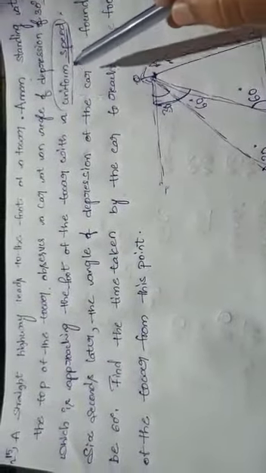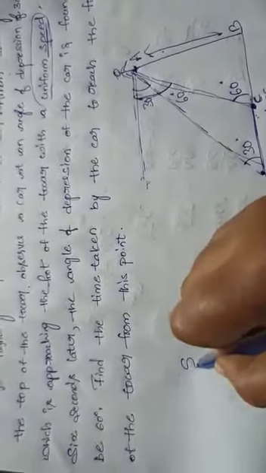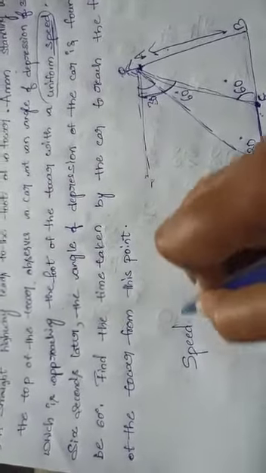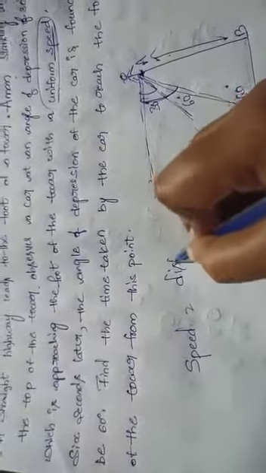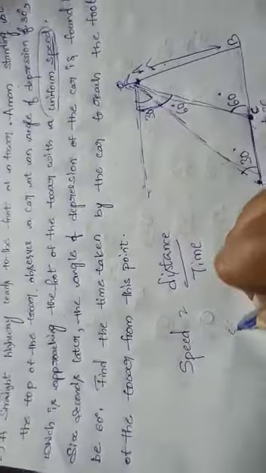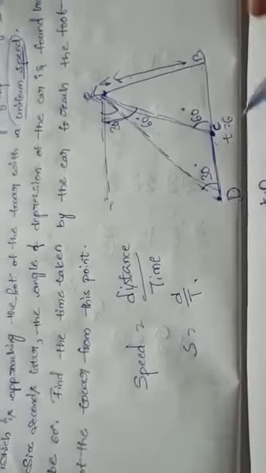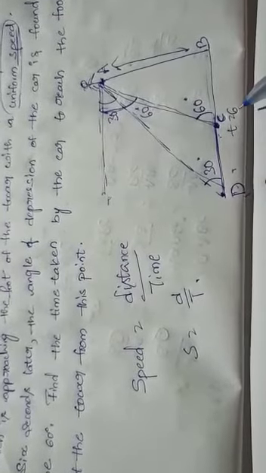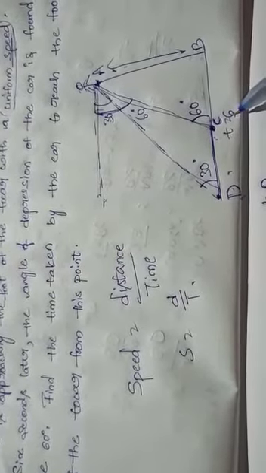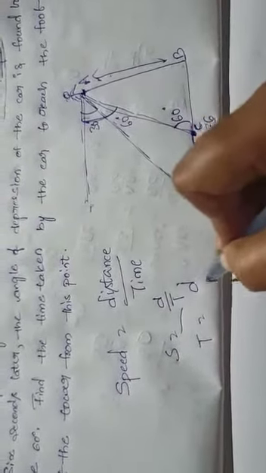Here we introduce new terms, uniform speed and time. We know the relation: speed equals distance by time. Here time is 6 seconds. So time equals distance by speed.